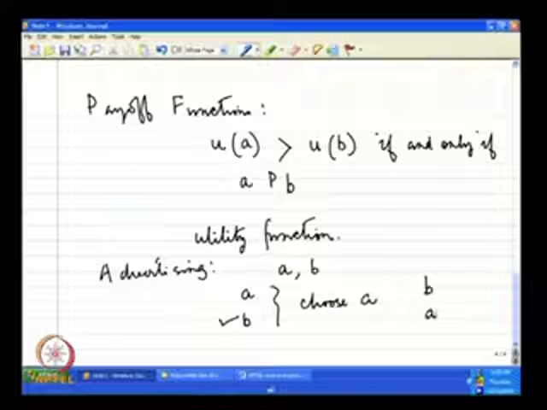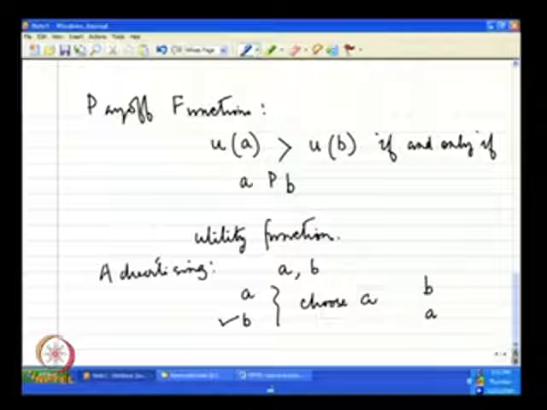So many consumers who were consuming A before, preferring A to B, through this advertisement assault on them, if I want to use a strong word, will now switch. Their preference now becomes B over A, which means they are now buying B.